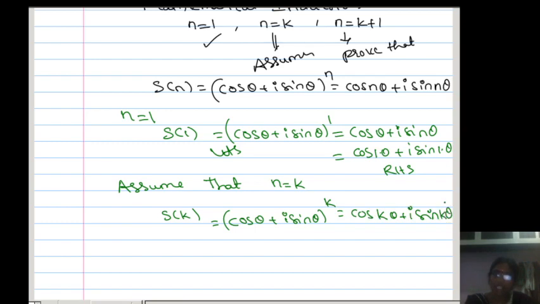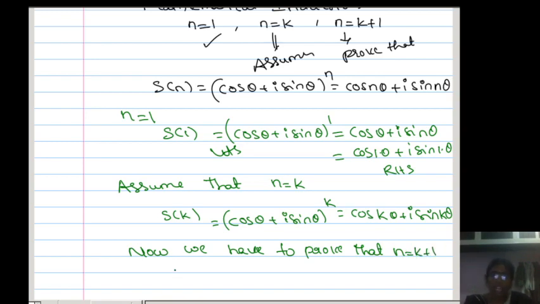So this relation is true in the case of n equal to k, our assumption here. Now we have to prove that the relation is true in the case of n equal to k plus 1.